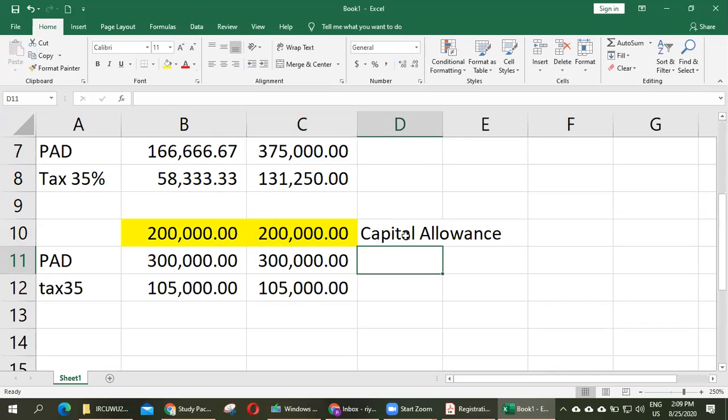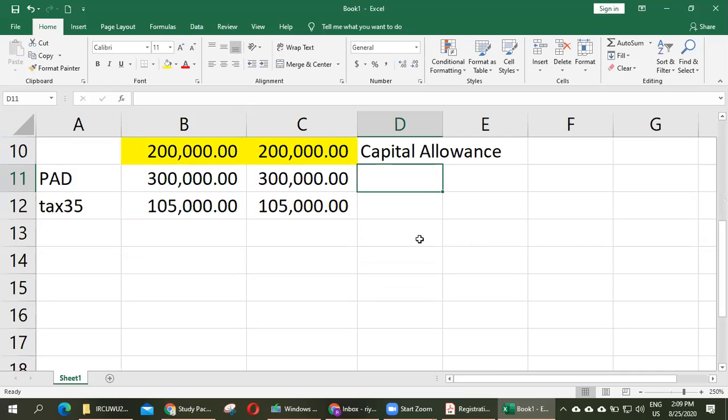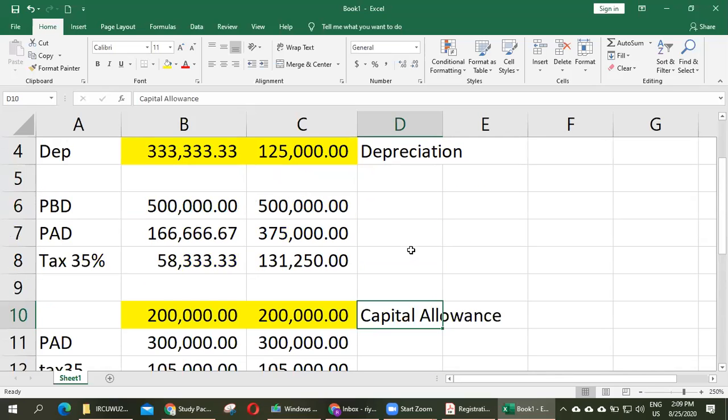In summary, if we follow accounting rules to calculate depreciation, it is called depreciation. If it is calculated based on the provisions of the Inland Revenue Act, it is called capital allowance. That's the difference between depreciation and capital allowance.